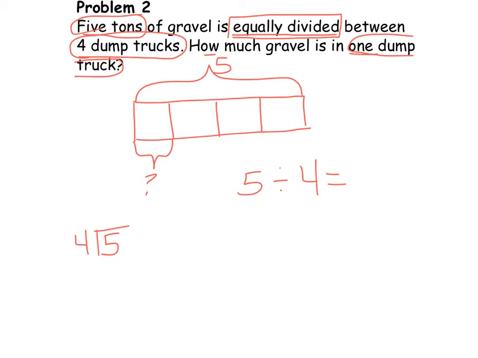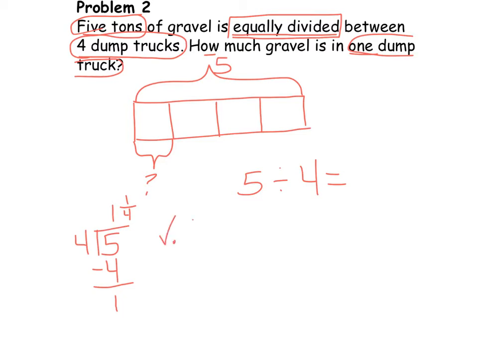So 5 divided by 4, or how many 4s fit into 5, is 1. 1 times 4 is 4. 5 minus 4 is 1. The 1 becomes my new numerator, and my divisor is my denominator. So now let's check our work.